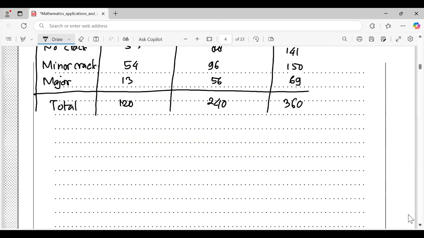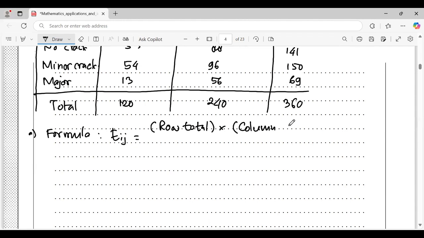And we're going to calculate the expected frequency. The formula of expected frequency is Eij equal the row total multiply the column total over the grand total, over the population or grand total.